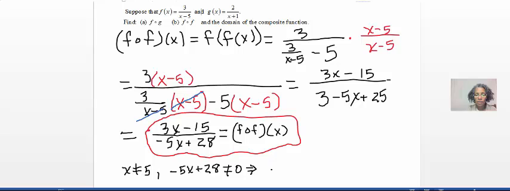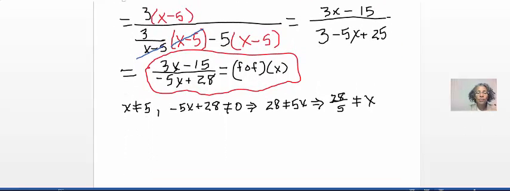Which means 28 cannot equal 5x. Which means 28 over 5 cannot equal x. All right, so I have two numbers that I need to leave out of the set of real numbers. So that results in 3 intervals that are united to give this domain.